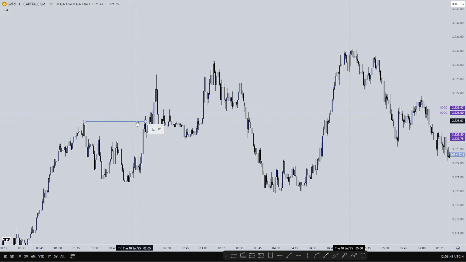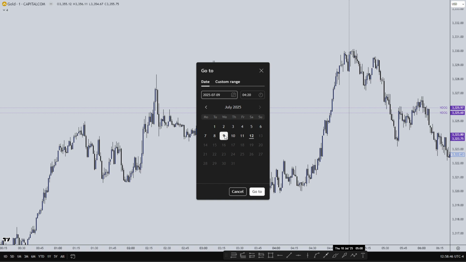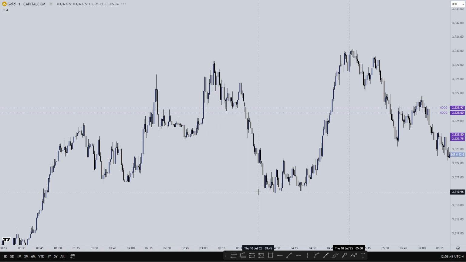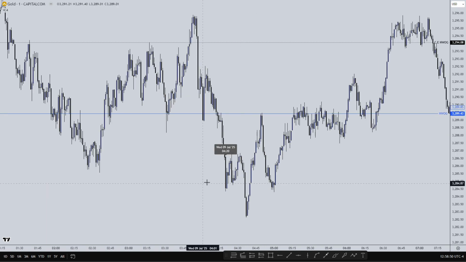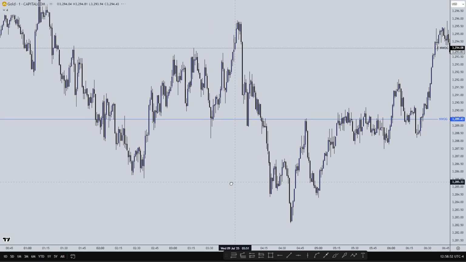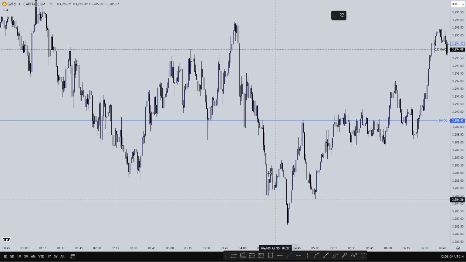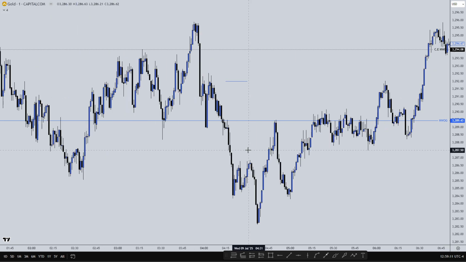Now let's go to Thursday. Wednesday. So as I told you, there is a macro at 4:15 where you can look for an entry between these two times. All right.